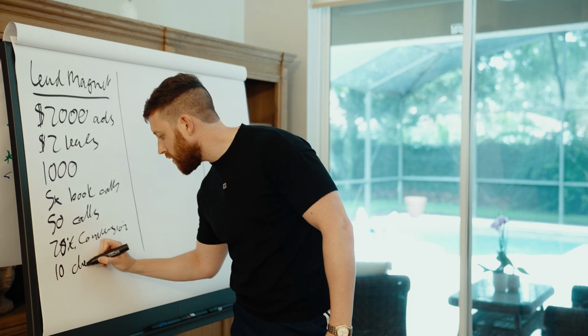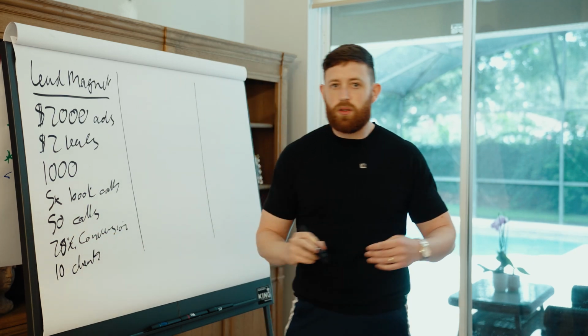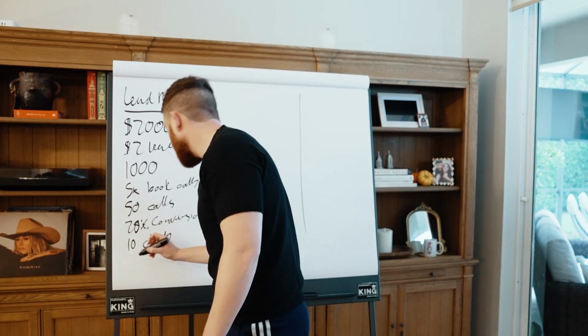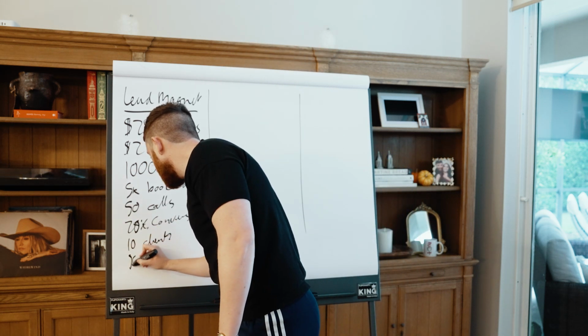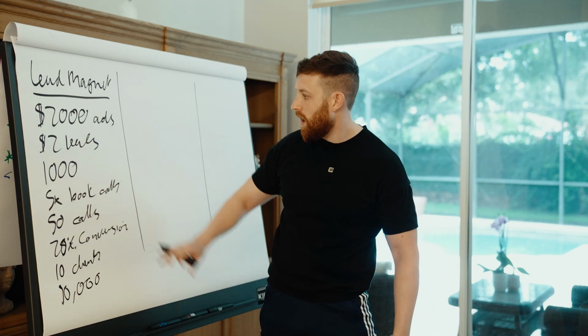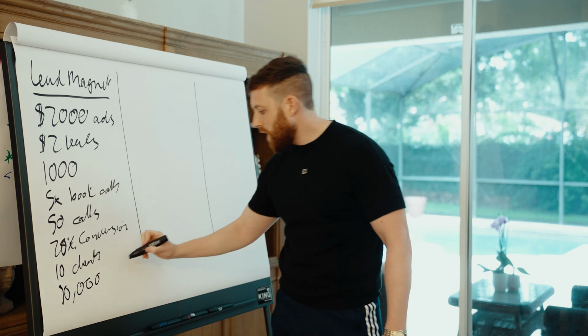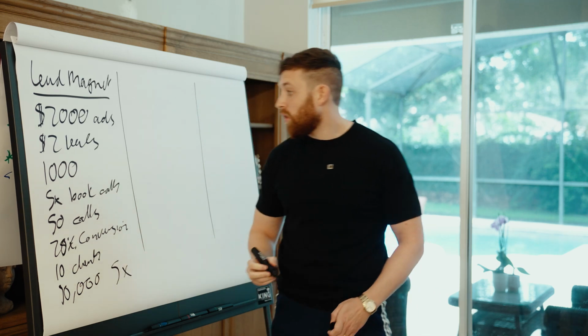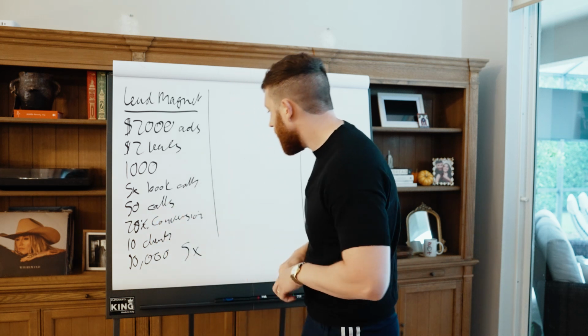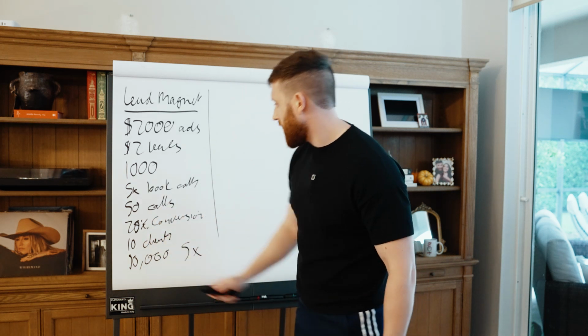So 10 clients. And let's just say that you have a £1,000, euros, dollar program. Well, that means that you're going to have 10K of sales, and that means that you've spent 2K, you've got 10K back, and you've made a 5x return, okay? And so you've made 8K in profit. However, you only got 10 clients out of it.